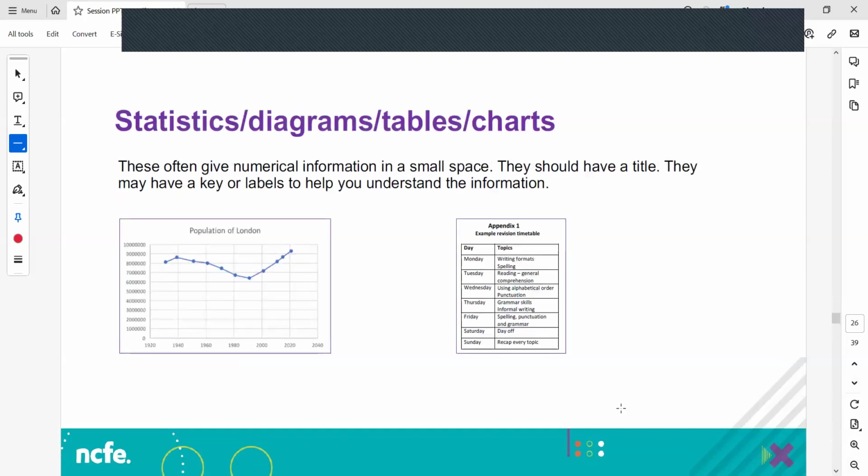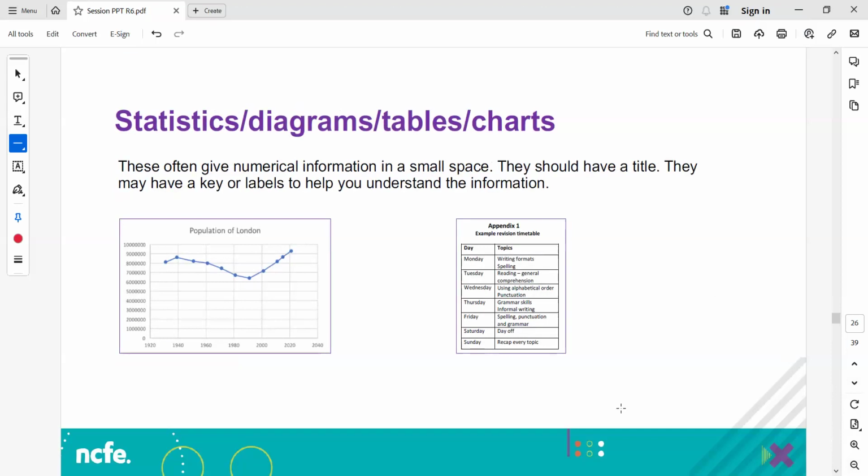So statistics, diagrams, tables, and charts will often give numerical information in a small space, so it allows you to visualize the numerical information. They should have a title, so we can see there in the left-hand example, the population of London. They may have a key or labels to help you understand the information.